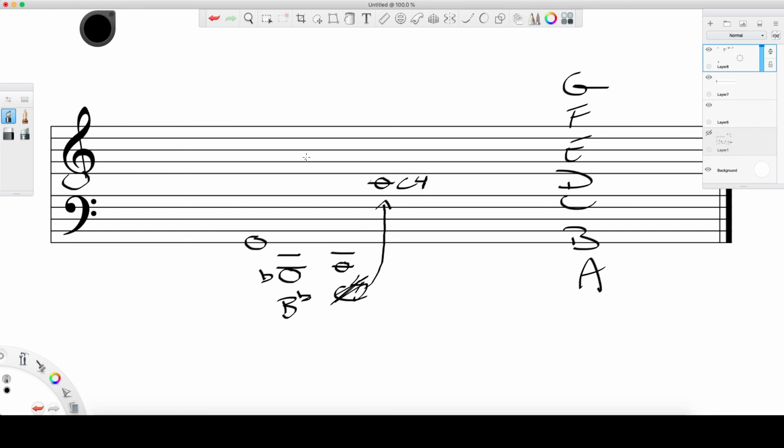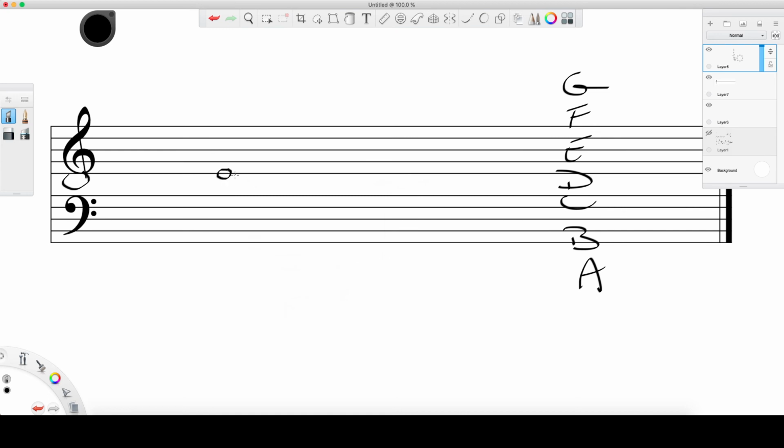So let's just look at this and why it's a C. Watch this. This is why I moved this bass clef up a bit, to make it a little bit more fluid between the two. If I erase all of this stuff, I'll keep the alphabet there. And I put a note right here.